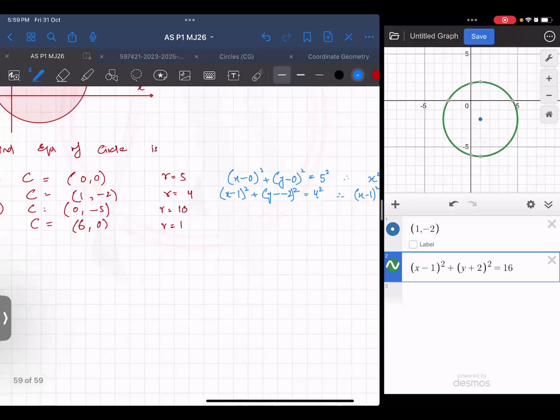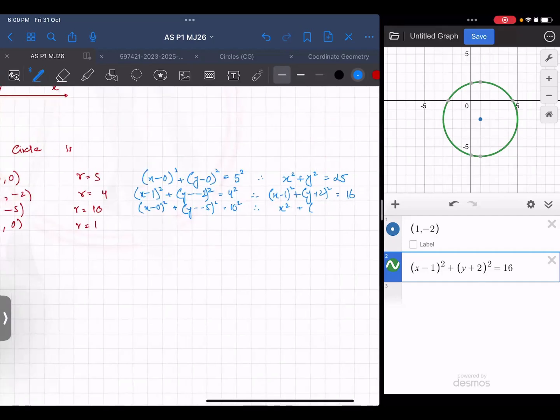Similarly, for the next one you will get (x minus 0) whole square plus (y minus minus 5) whole square is equal to 10 square. It's a bigger radius. So this becomes x square plus (y plus 5) whole square is equal to 100.